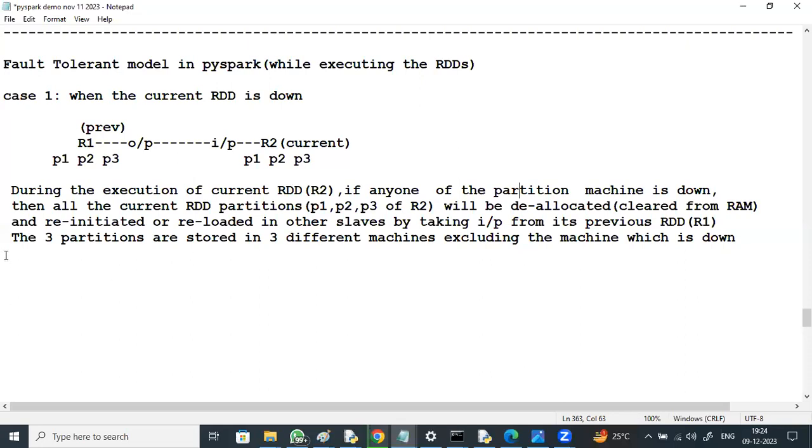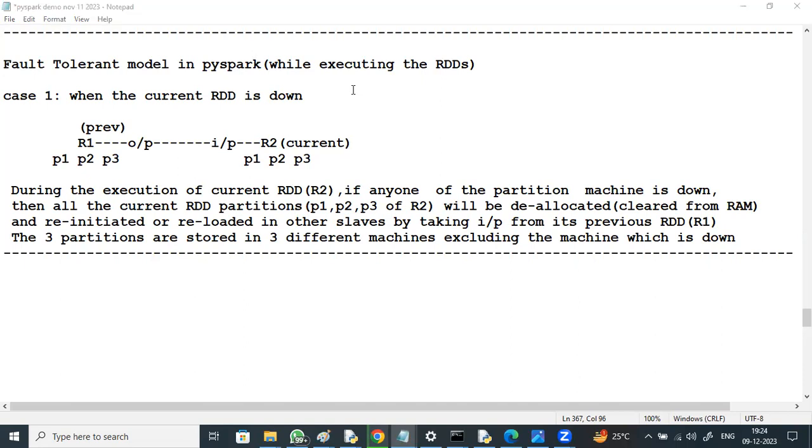Okay, now case 2, observe this case 2, right? Case 2: when the previous RDD is down.